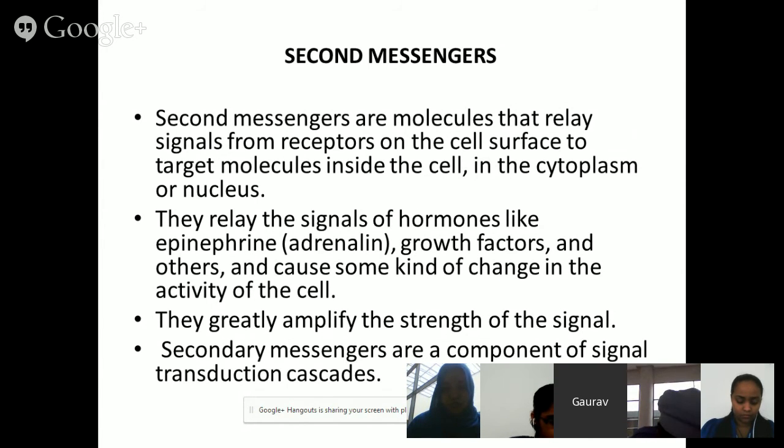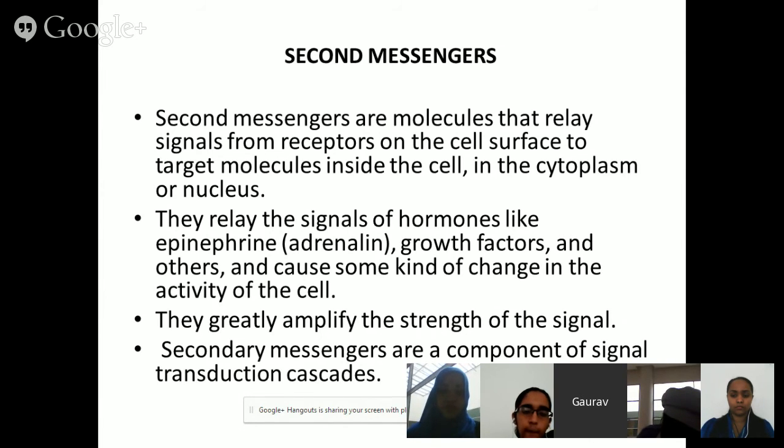Now, what are second messengers? Second messengers are molecules that relay signals from a receptor on the cell surface to a target molecule inside a cell. Suppose we discuss hydrophobic or hydrophilic molecules: a few molecules are not able to cross the cell membrane, so they can only bind to receptors present on the cell surface.